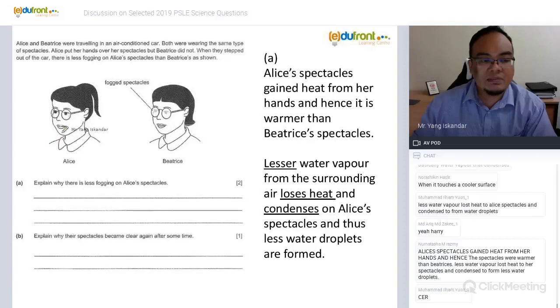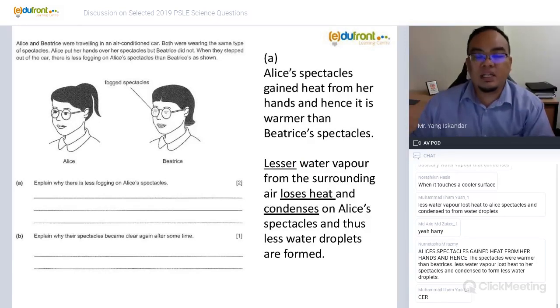So when it is warmer, less water vapor from the surrounding air loses heat and condenses on Alice's spectacles, and hence less fogging, or fewer water droplets, are formed.